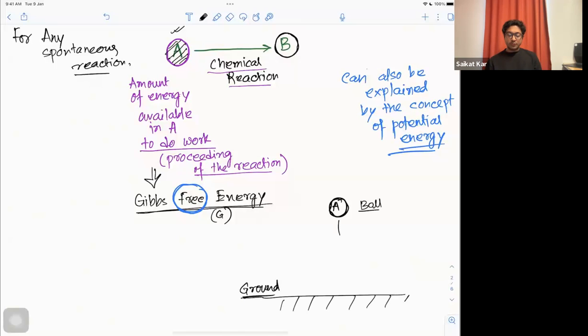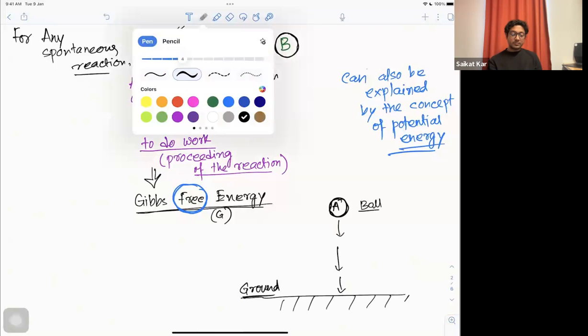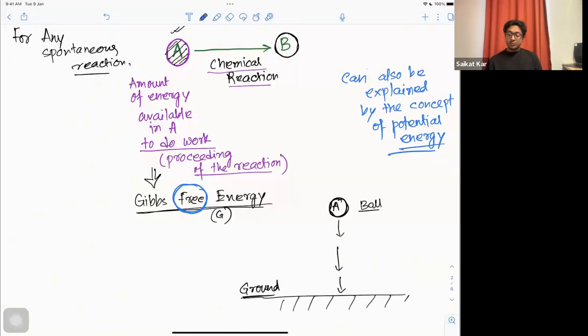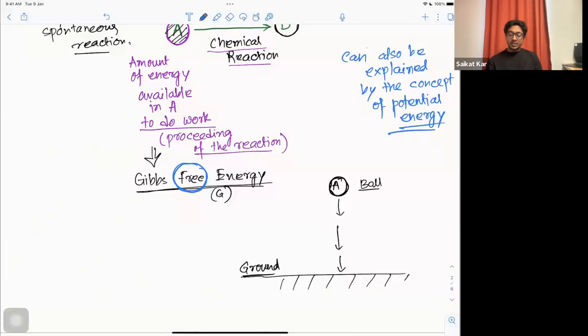The ball should fall to the ground due to the change in... So now it is due to gravitation, but we can call it the potential energy of the ball at this position is higher than the potential energy of the ball in this position. And this potential energy, as it is due to gravitation, we'll call it gravitational potential energy.